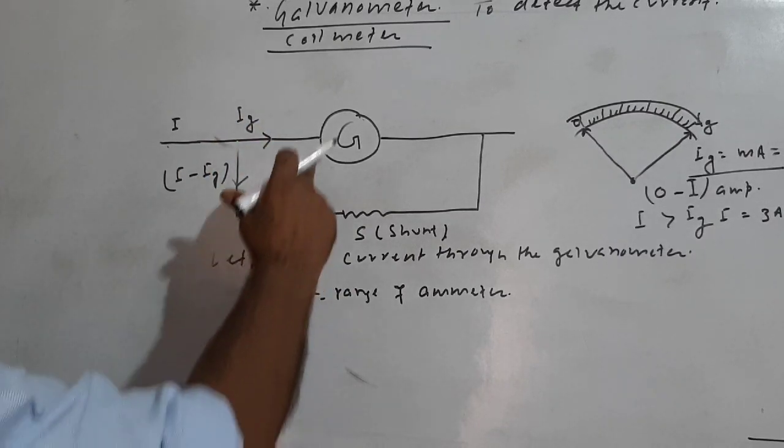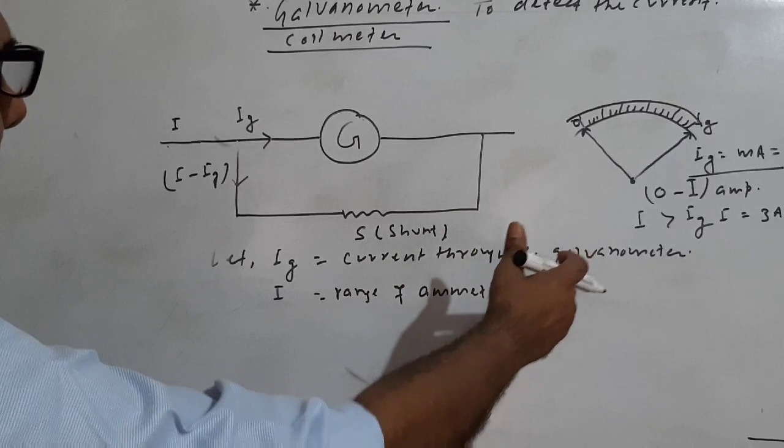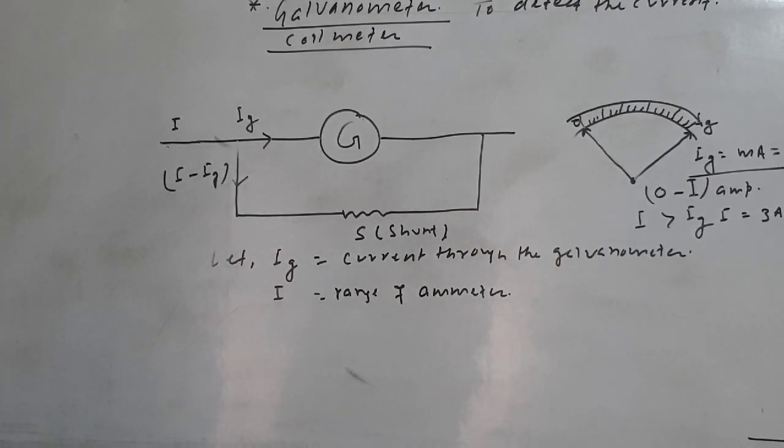In this way a galvanometer is converted into an ammeter of suitable range I ampere.